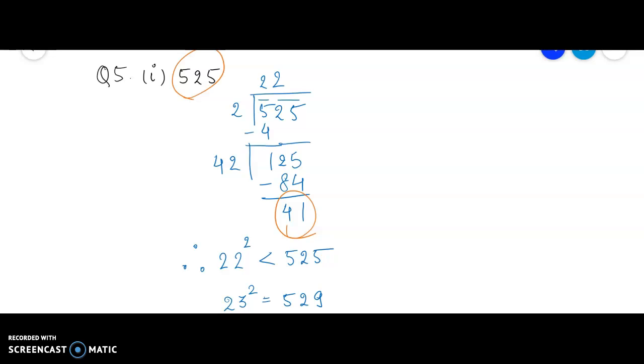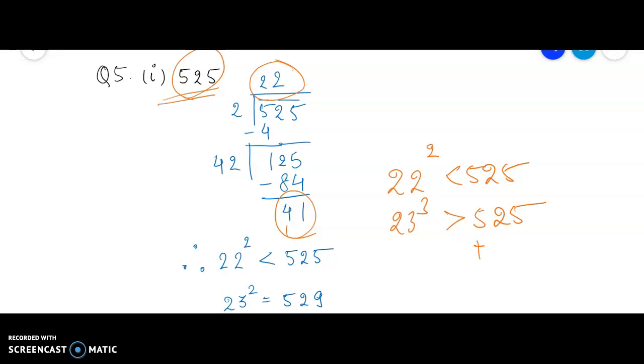Now this tells us that 22 square must be smaller than the given number 525. If I jump 1 up, since 22 square is less than 525, I may take 23 square to make it greater than 525, and I can add some number then, right?